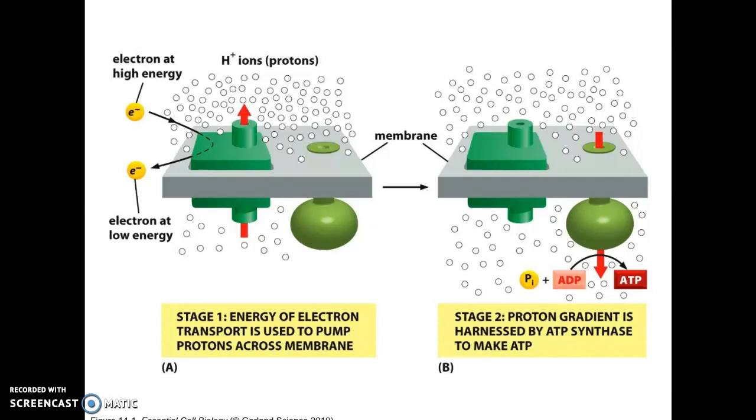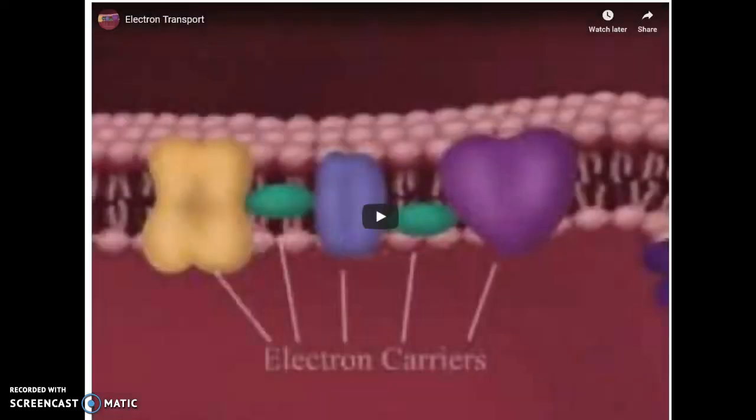At any given time, one of them will have ADP and inorganic phosphate bound to it, another is undergoing the reaction of turning that ADP and inorganic phosphate into ATP, which is an anabolic reaction that requires the input of energy, and the third is ejecting the ATP.